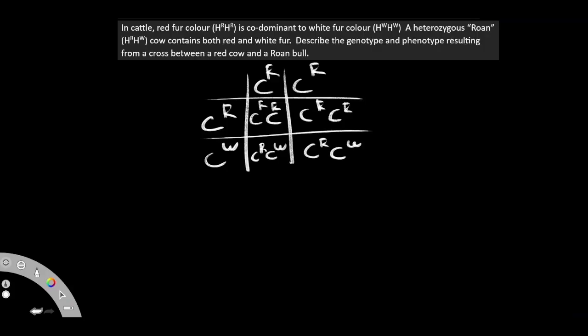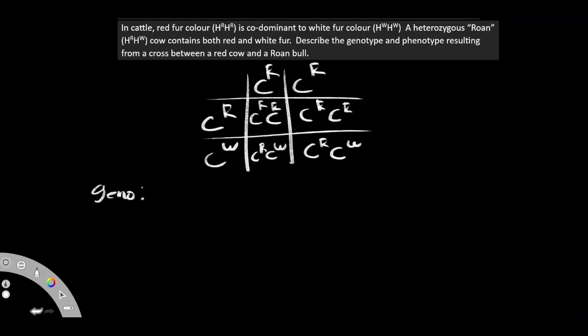All right, now we just have to describe the genotypic ratio as well as the phenotypic ratio. You can use percentages, you can use ratios, or you can use the dotted ratios. So let's give this a try.